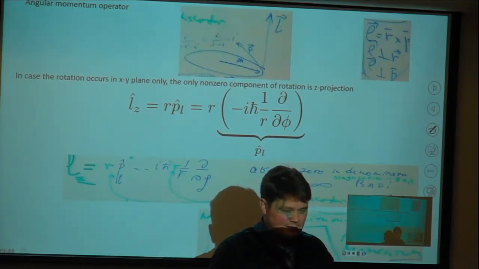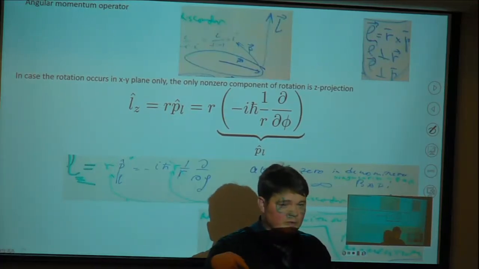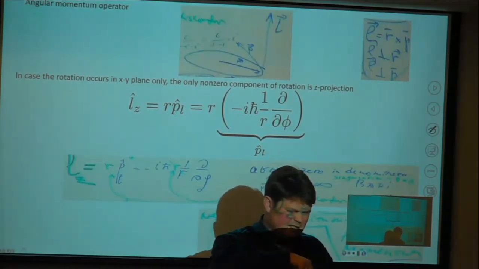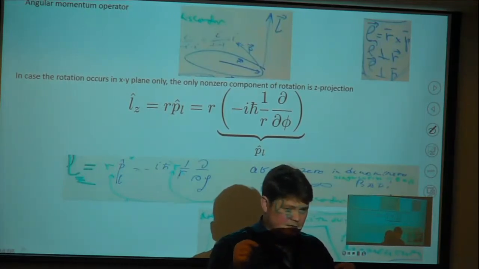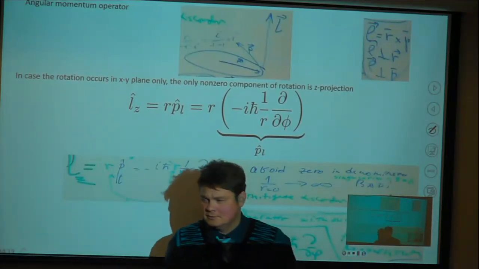Quantitatively, it is a cross product of the distance between rotating objects and the instantaneous momentum of one of them, if one is heavier and another is lighter. If they are of the same mass, then one selects the center of mass and uses the reduced distance and reduced mass. But now we are not touching these details.